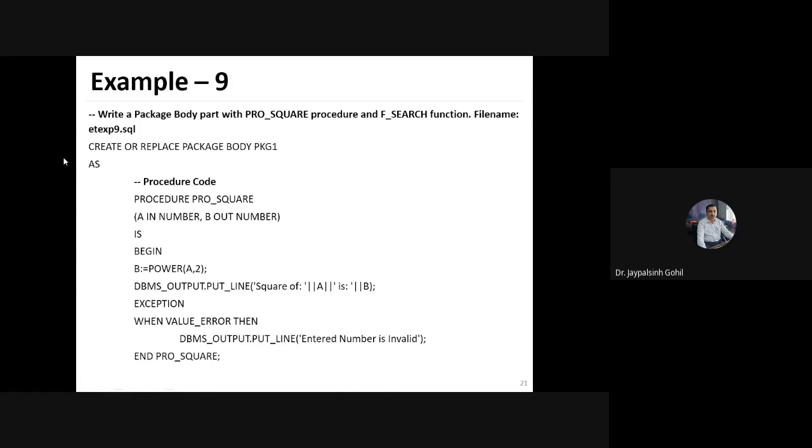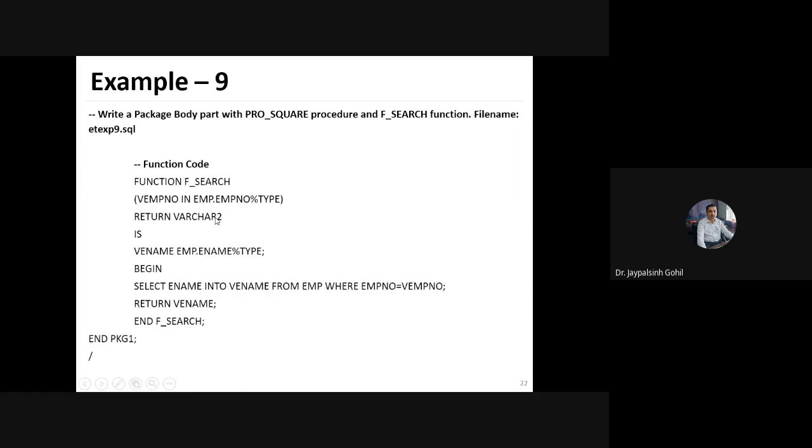Okay. So now you can see here, procedure square, the same code we have to write, but here with the end you have to write that procedure name. Now function. So the same function code we have to write here, and we have to also write end and that function name here. See. Okay.